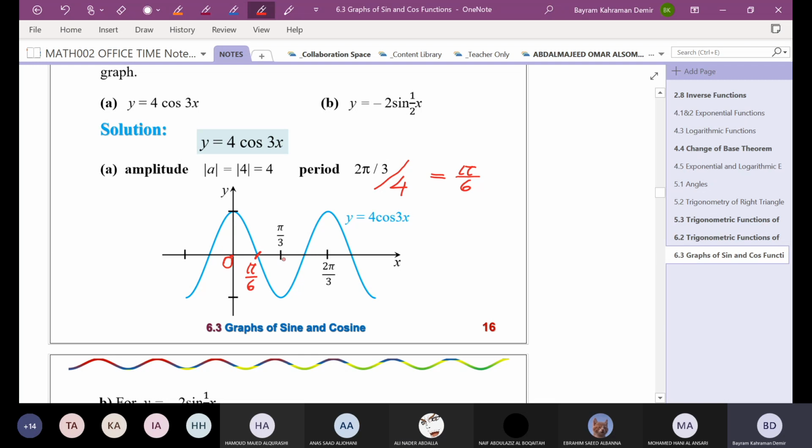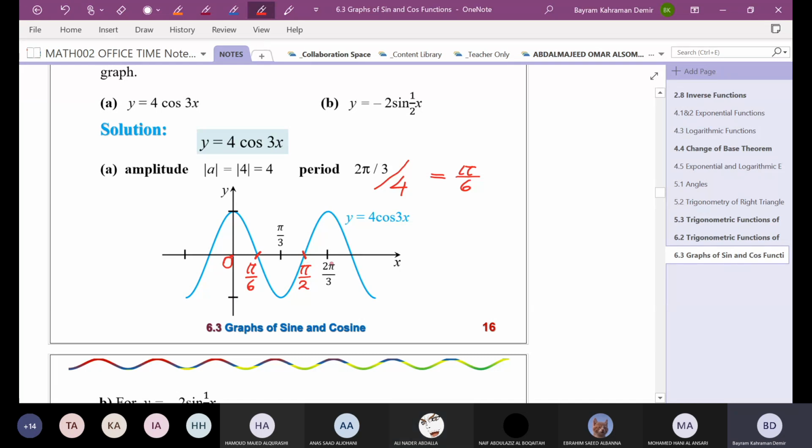And another pi over 6, right? Pi over 6 plus pi over 6 will be pi over 3. Another pi over 6, that means 3 pi over 6, how much? Pi over 2. Exactly.